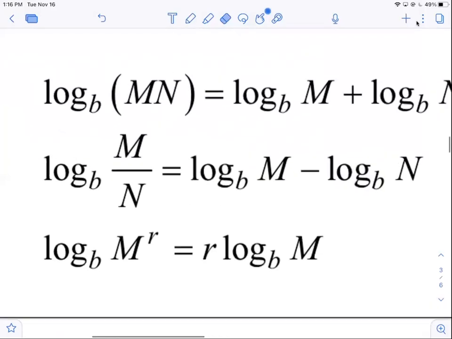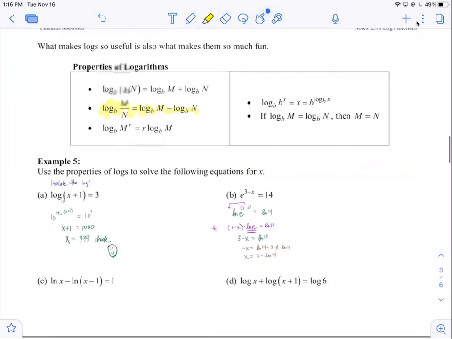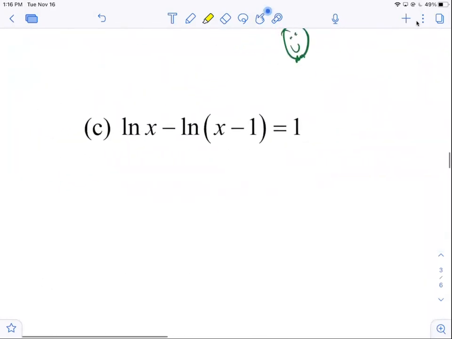We're going to use this property right here. We're just going to use it not from left to right. We're going to use it from right to left, right? So when you're condensing, your first step is to bring coefficients up to the top to get -1 or +1 coefficients. And then you can condense. So yeah, that's what we're going to do. We already have 1 and -1. So I'm going to pull out a natural log, but it's not factoring out, right?